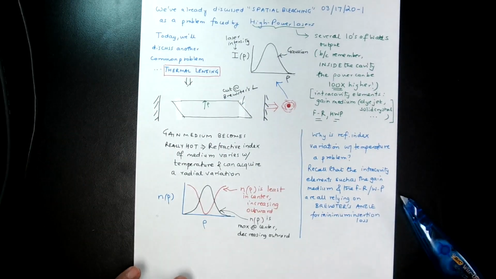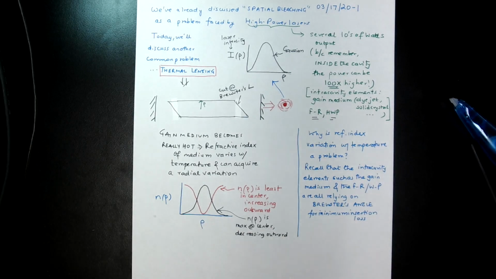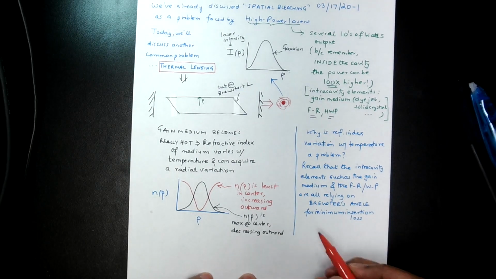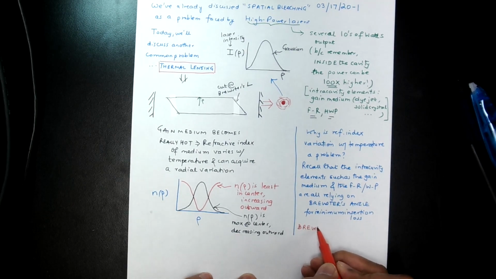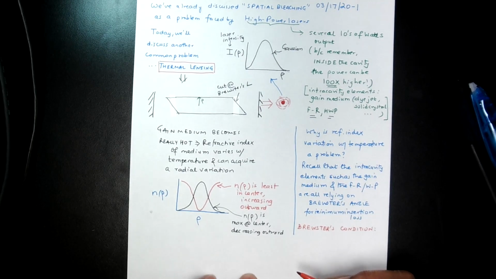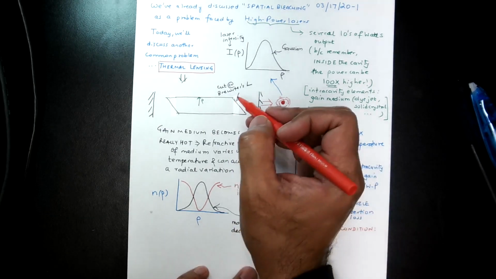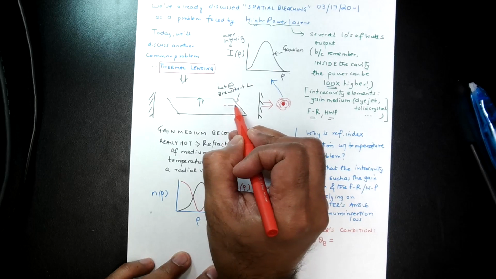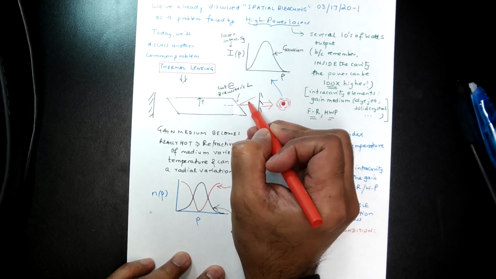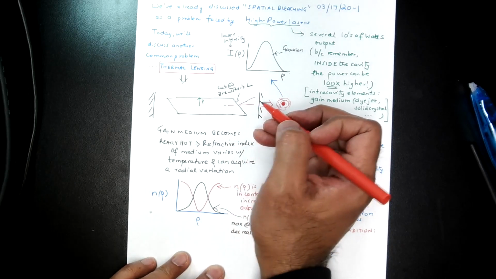Okay, well, Brewster's angle obviously relies upon the Brewster's condition, which is that you get no loss for the p-polarized beam at this angle, theta sub b. And what is this theta sub b? It's this angle, right?